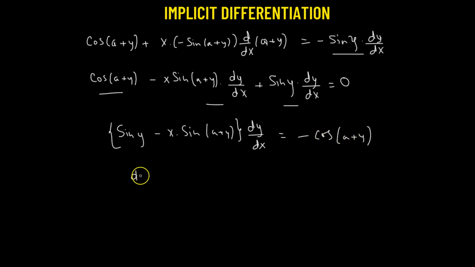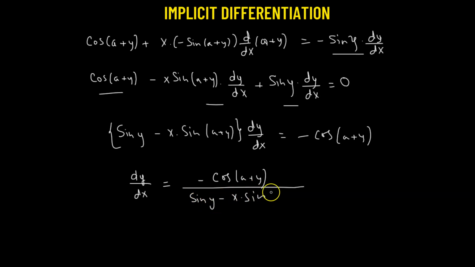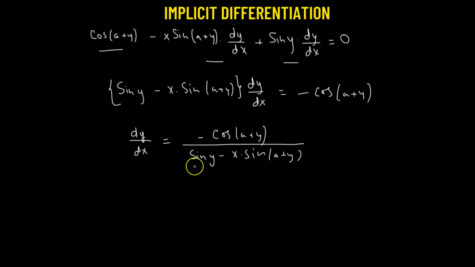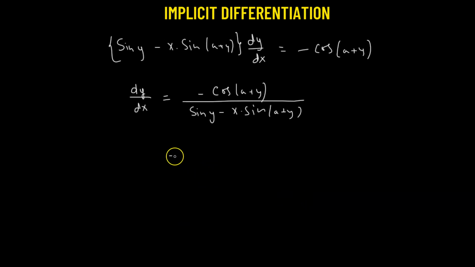So that means the derivative of y with respect to x will be equal to negative cosine of (a plus y) whole divided by sine y minus x times sine (a plus y). So we'll multiply this negative in the numerator with the denominator to get cosine of (a plus y). In the denominator we have x times sine (a plus y) minus sine y.